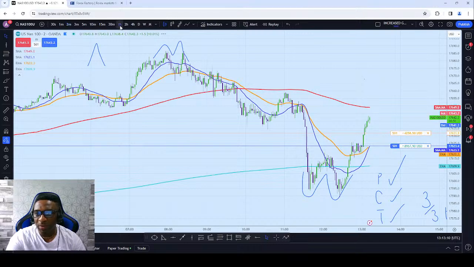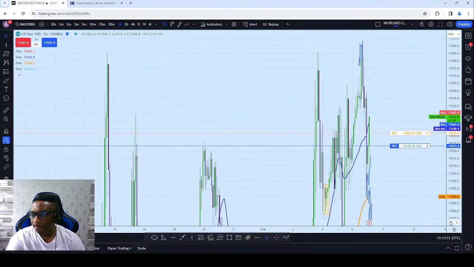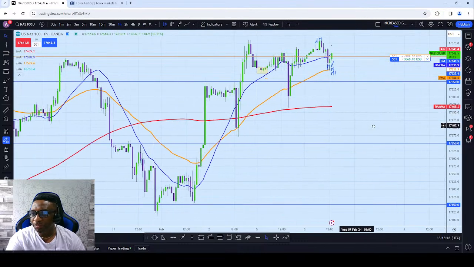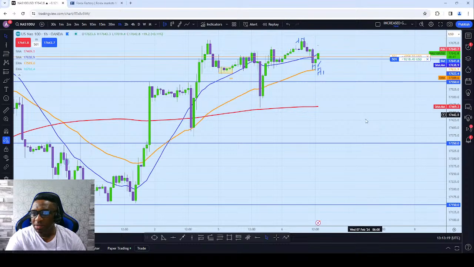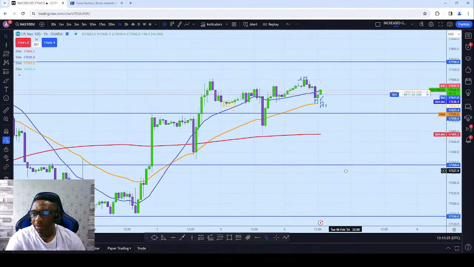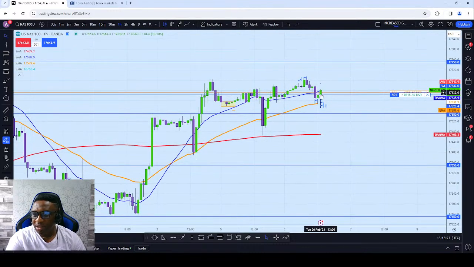Let's go on a 1 hour time frame. This is the 1 hour time frame. Price is currently somewhere here.